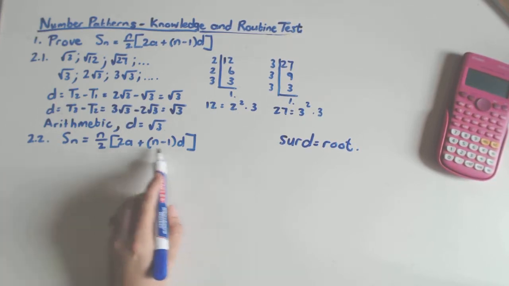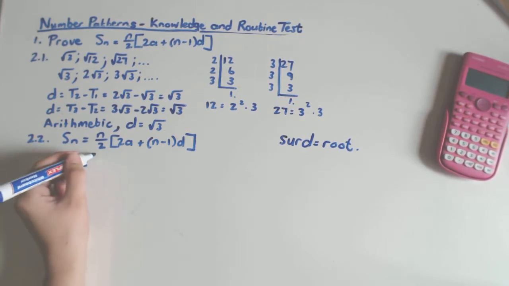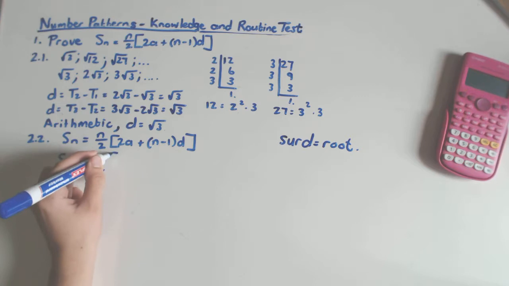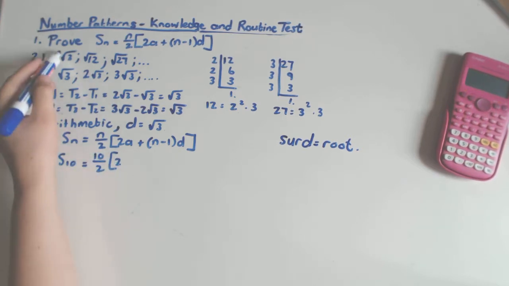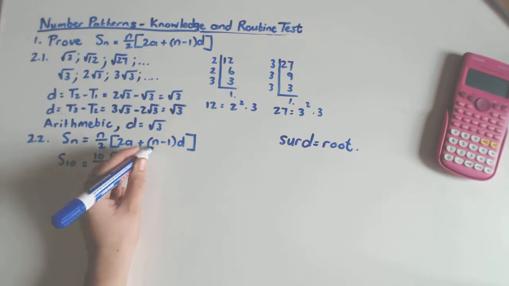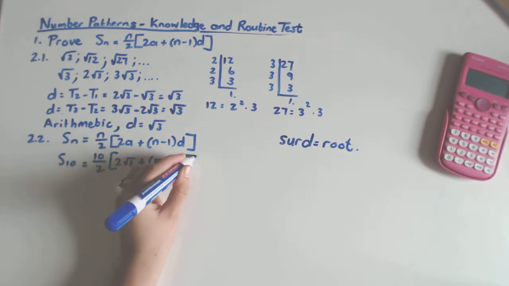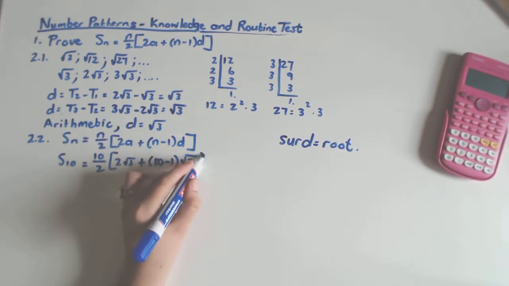And then I'm just going to substitute for 10 terms. So n is 10. My first value is root 3. And n is 10 again. And my difference that I've worked out is also root 3.